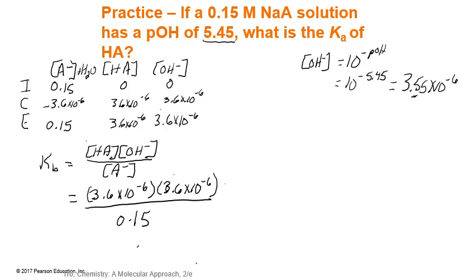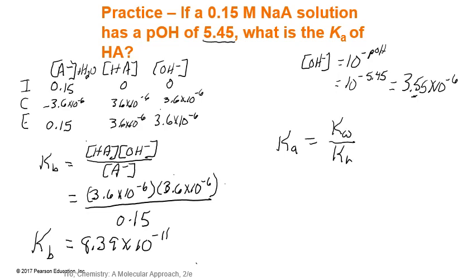If we calculate this out, we get 8.39 times 10 to the negative 11th as our Kb. We're asked to find Ka. So Ka is equal to Kw divided by Kb.